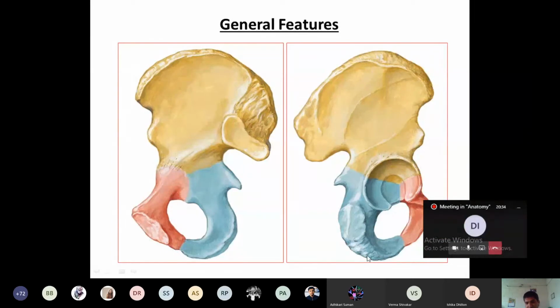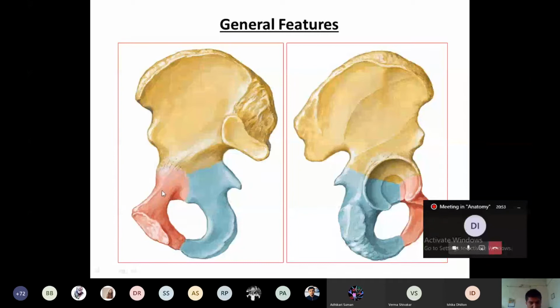Here you can see this ridge divides the triangular part into the lateral part and the medial part. Why I am telling all these parts is because here there are the attachments of the different muscles. Which muscles I'll tell you later in the diagram.